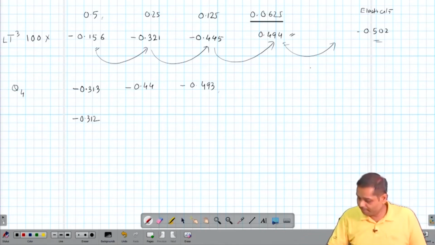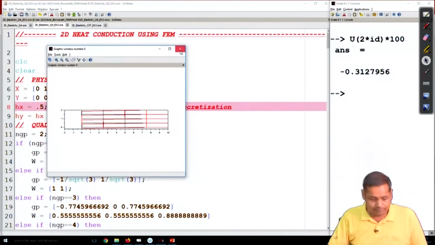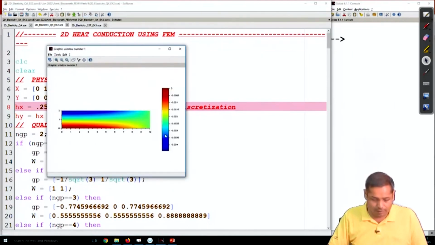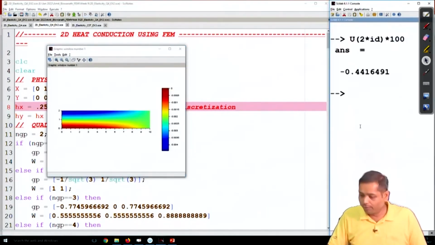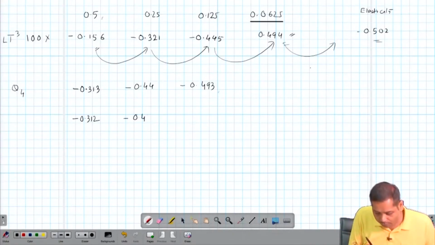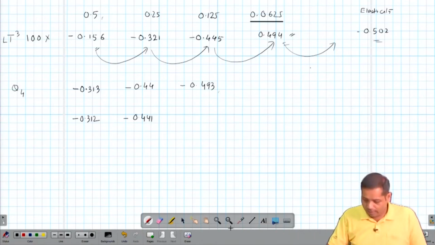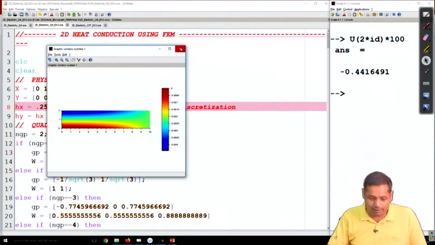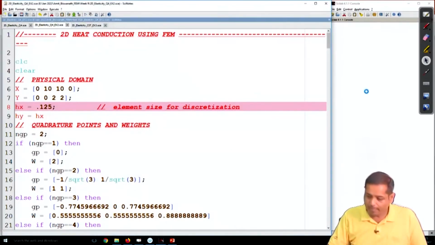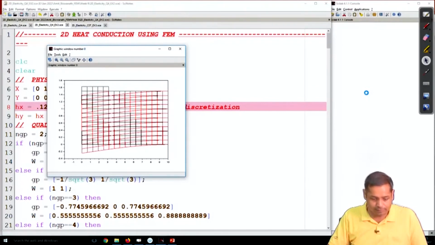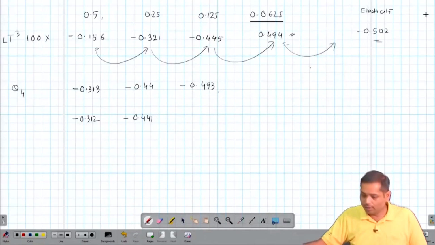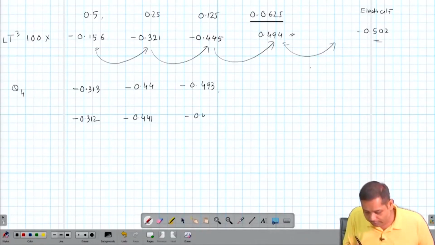Then 0.25 gives 0.441, minus 0.441, which is almost similar to what we obtained. Then with 0.125, this is almost 0.493.